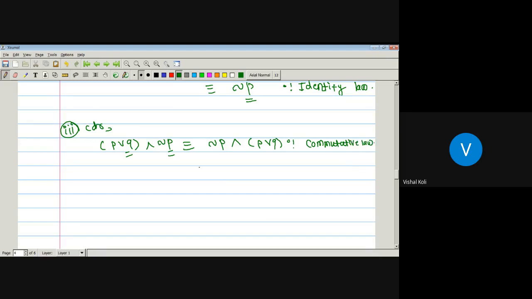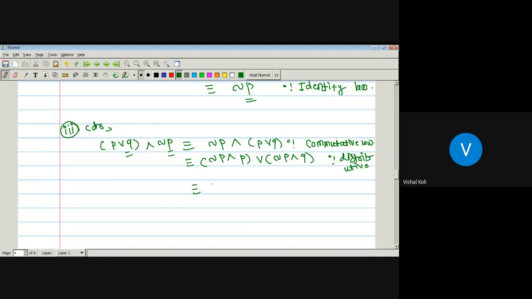Now just write by the distributive law: (negation of P and P) or (negation of P and Q), which is by distributive law.